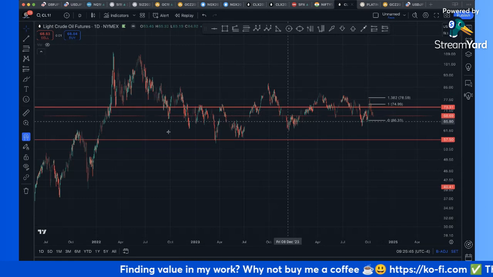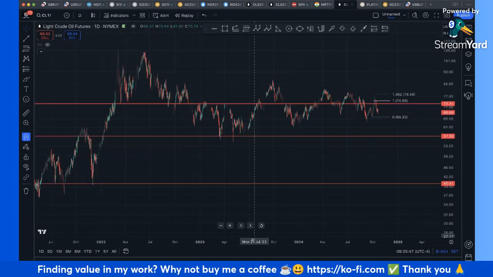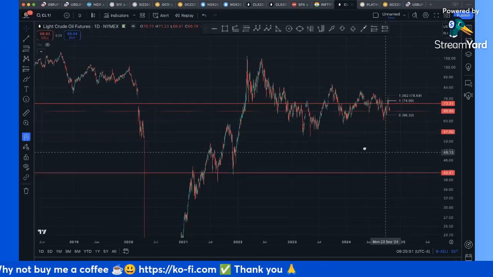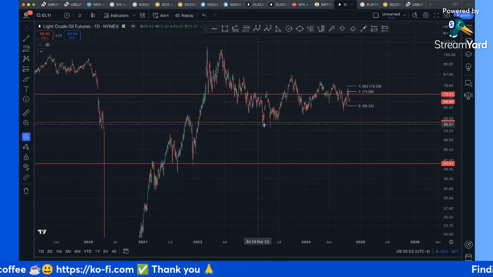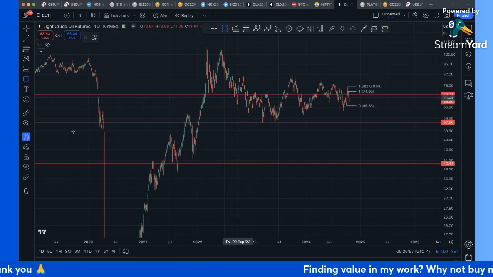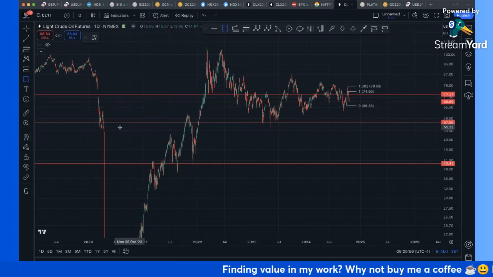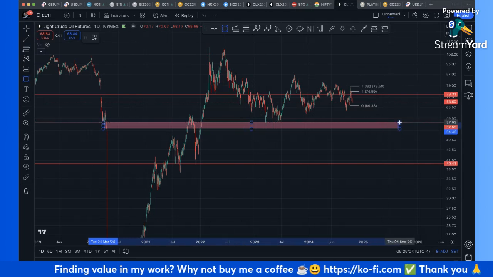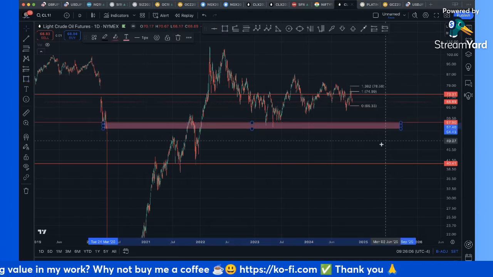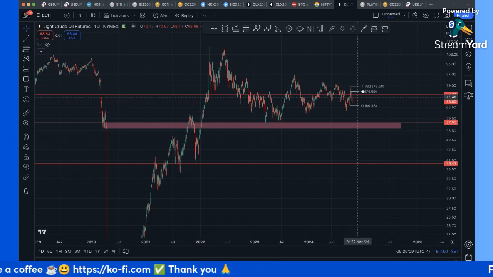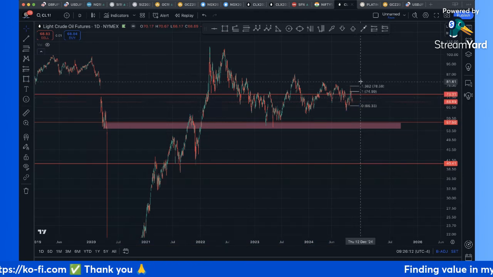There's a bunch of different ways you can think of this. As far as parameters go on the daily, you can clearly see this level down in here is very important. Price has interacted with this level many times. I mean, would you be shocked if oil can't catch a gear and get up and finally create something that looks like an impulse?